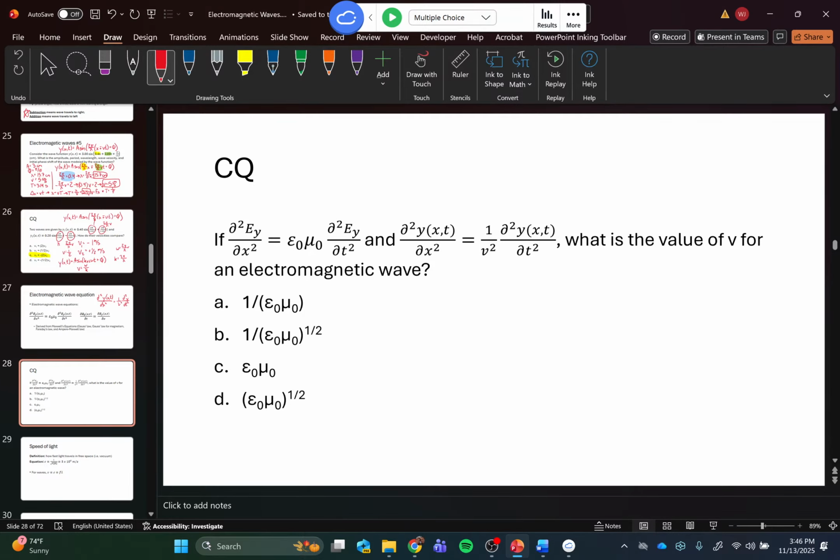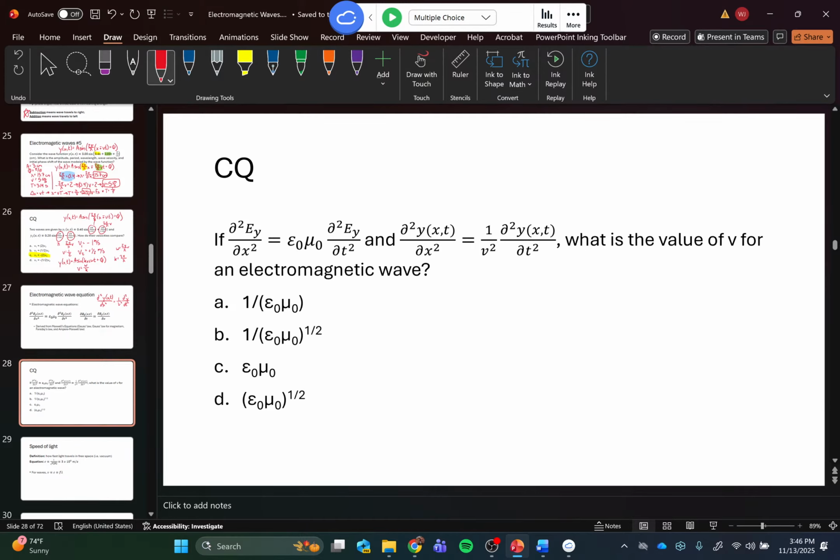All right, now we're going to do something cool with this, though. Here's the two. The one general one and the one that has to do with electric fields and magnetic fields, or in this case, electric fields. Both of these are true, and they both have the same solution. With that in mind, what is the value of v for an electromagnetic wave? Just look at these two equations and basically pretend they're the same thing.